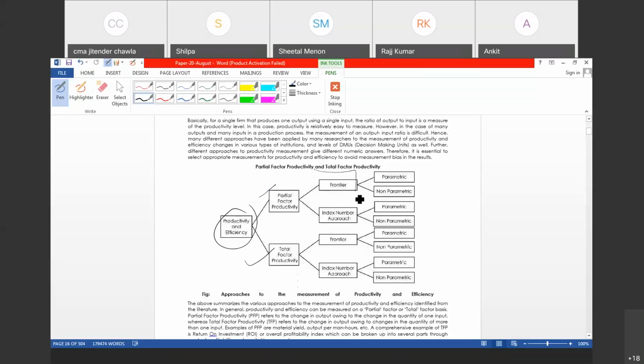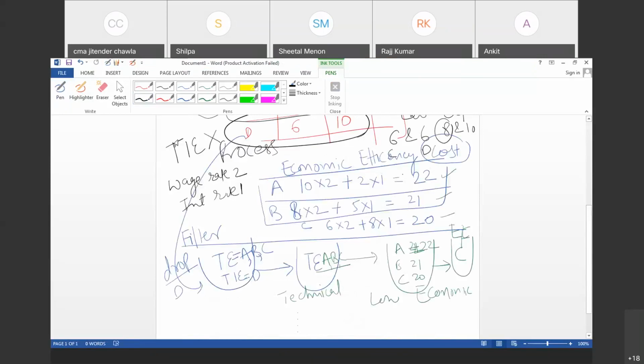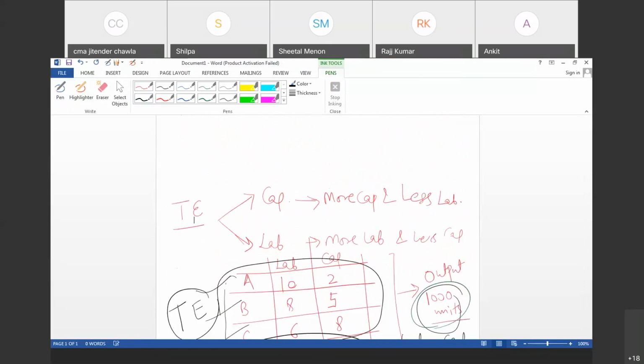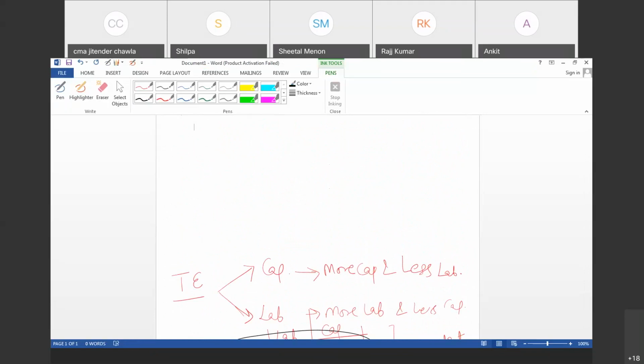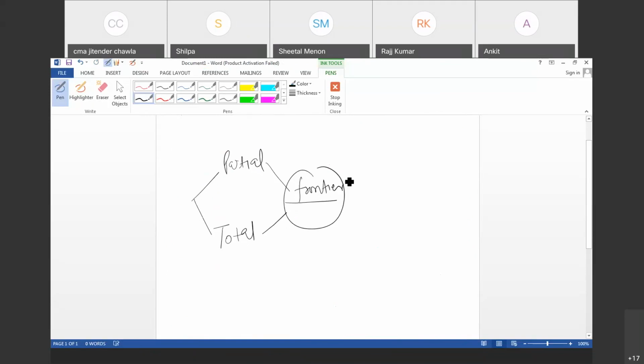Both have the same approaches: frontier approach and index number approach.